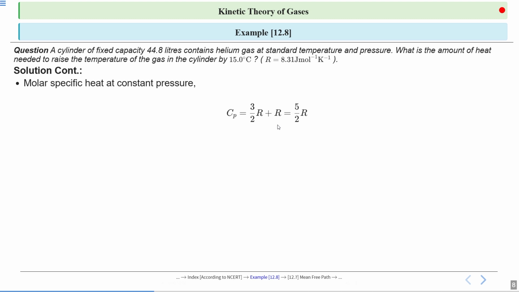Molar specific heat at constant pressure is denoted as Cp. For helium, which is a monatomic gas, Cp is calculated as 3/2R plus R. So when we add both terms, you will get 5/2R.